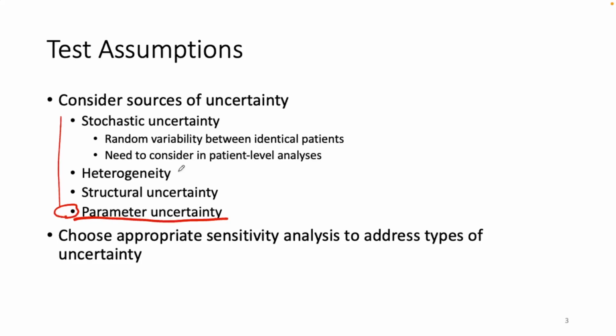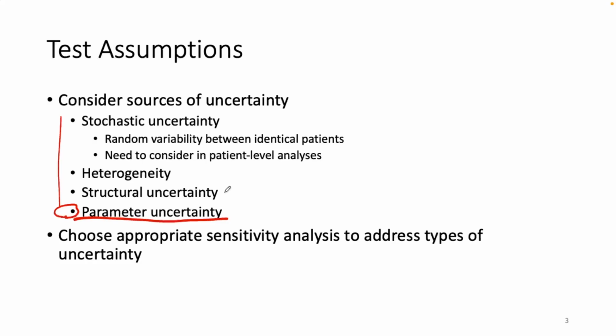That's heterogeneity. And then structural uncertainty is a broad term that can refer to the way we build these models and the assumptions that go into building the models. We've mentioned before that when we build a model, we have to be explicit about everything that can happen, and anything that we don't draw or put into the model, we're assuming can't happen.